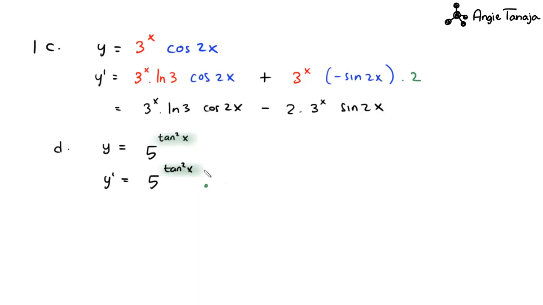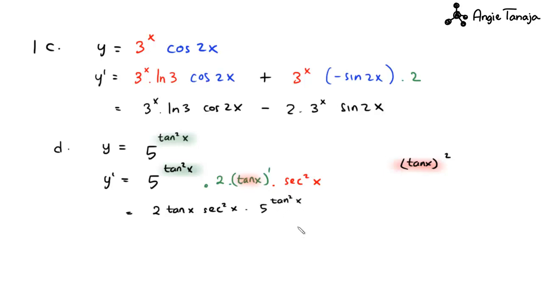You see this as tangent x, squared. So the derivative will be 2 times tangent x to the 1, and then you multiply it again with the derivative of tangent, which is secant squared x. I only show the process, which is why I write it out. To summarize, this will be 2 tangent x secant squared x times 5 to the power of tangent squared x.